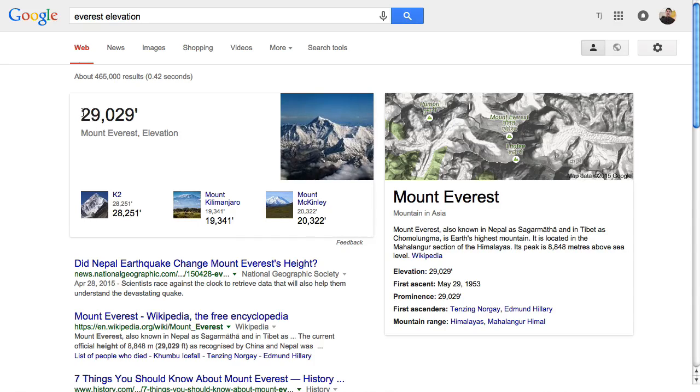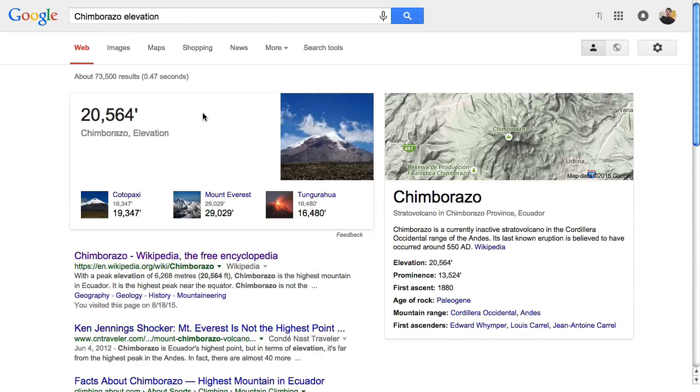Mount Everest is 29,000 feet above sea level. Chimborazo is 20,000 feet above sea level. Based on its taller, wider, whatever at the equator, this is going to make this elevation way higher than Mount Everest.